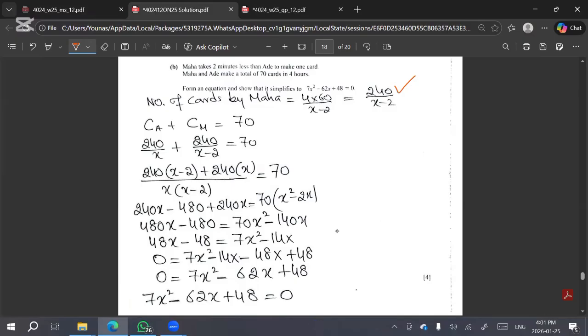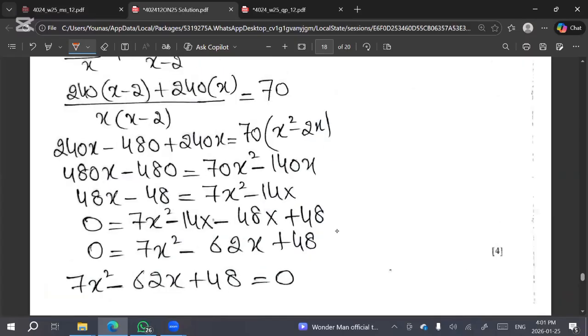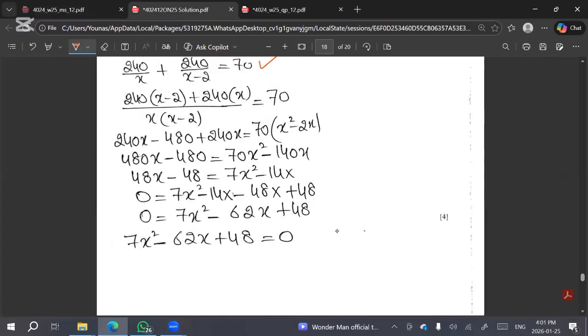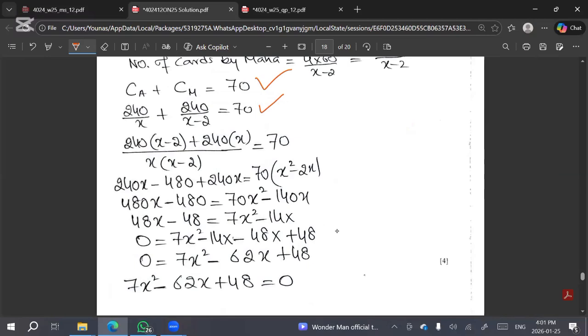So 240 by X plus 240 by X minus 2 is equal to 70. So take the LCM here. X and X minus 2 both will come in the LCM. So you will have 240 into X minus 2 plus 240 into X, the whole thing divided by X into X minus 2, equals 70.